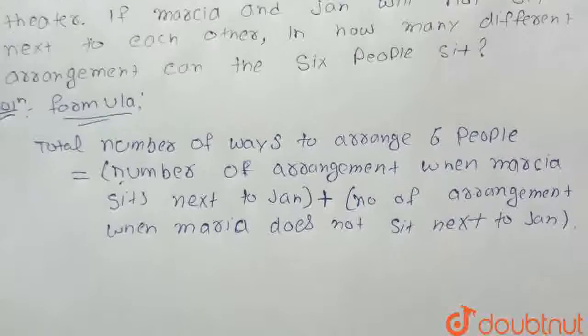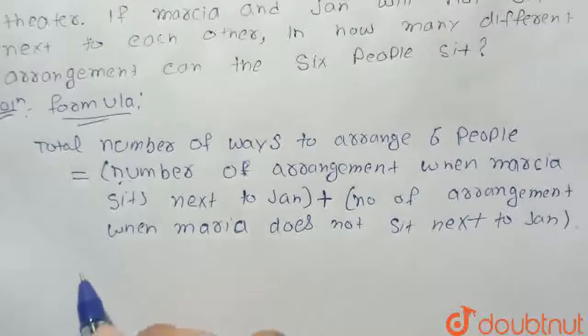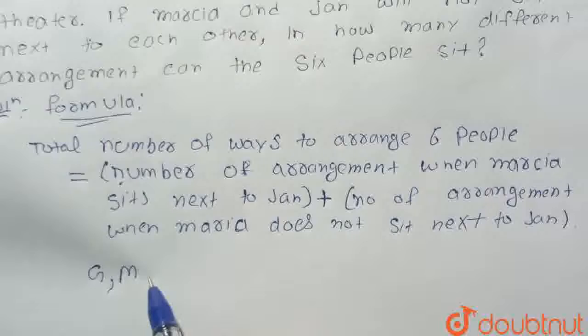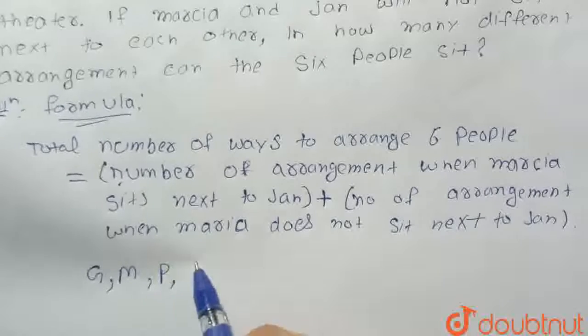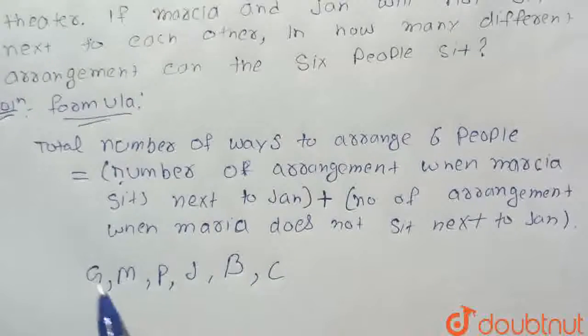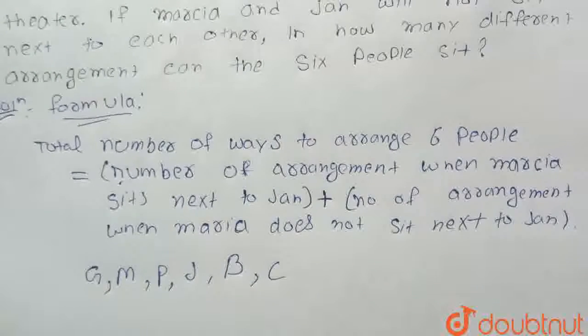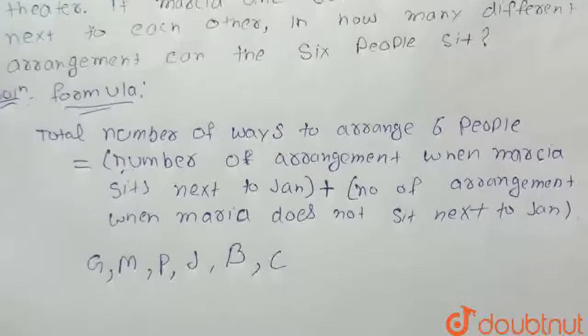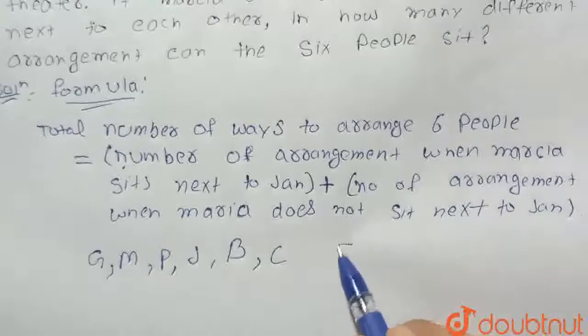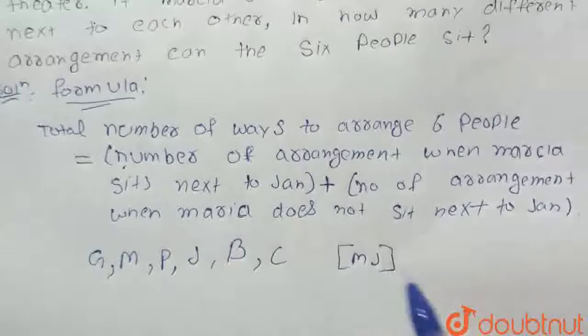We will denote Greg with G, Marcia with M, Peter with P, Jan with J, Bobby with B, and Cindy with C. So the total number of people is 1, 2, 3, 4, 5, and 6. When Marcia and Jan must sit together, we can consider them as one person, MJ.